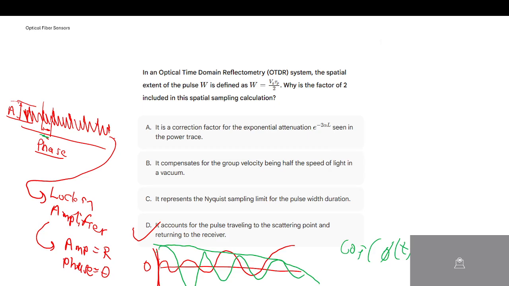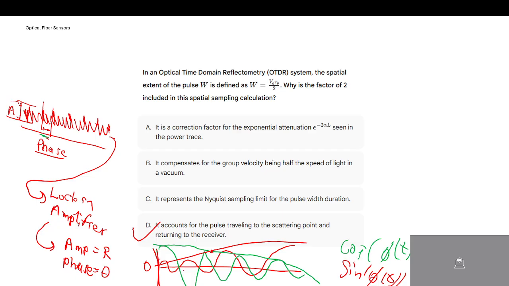It will be like this, which will be sine phi t, and that's why we need these two, sine and cosine both here, and in this particular place it is matching. So it's like the intercepting point here.